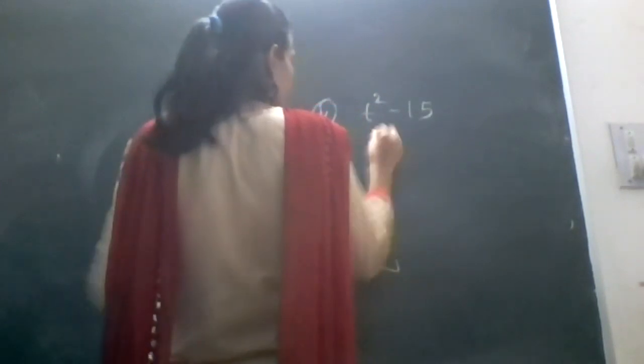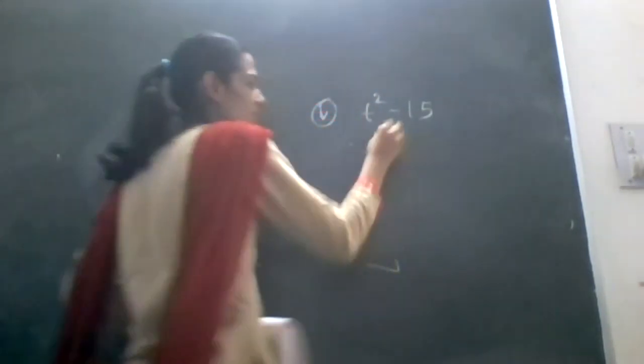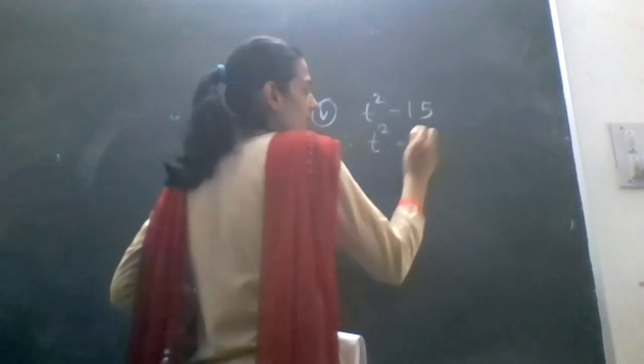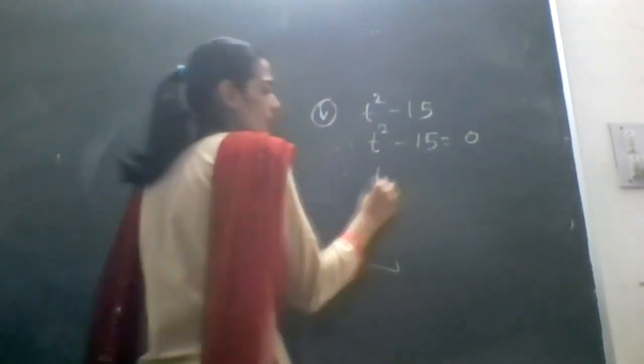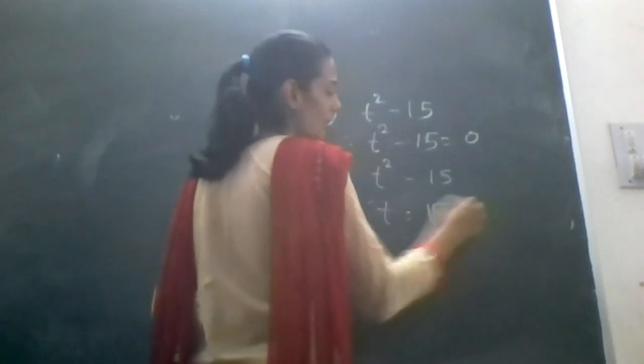T square minus 15 is equal to 0 only. So t square is equal to 15. Or directly you can write t square minus 15 is equal to 0, t square is equal to plus 15. So t is equal to under root of 15 will come.